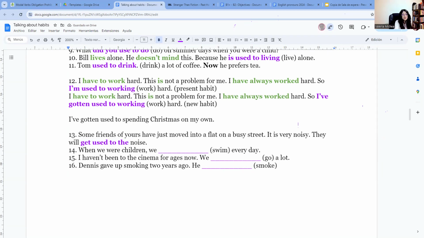Yeah, they will have to. There's no other option. Remember that the word flat means apartment. It's another word for apartment.